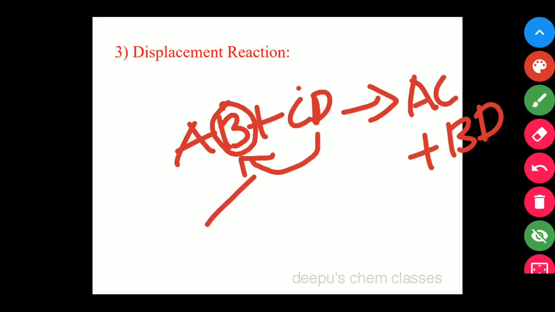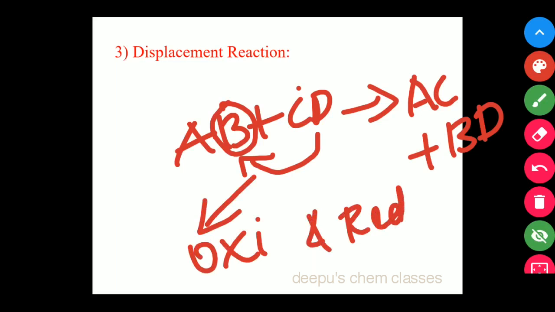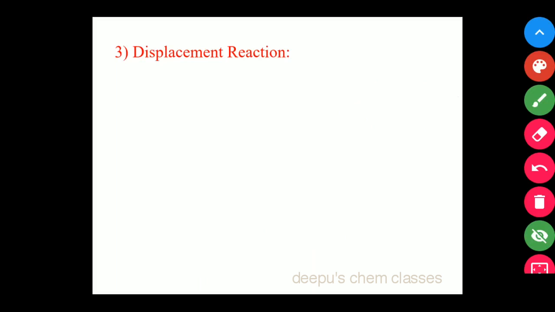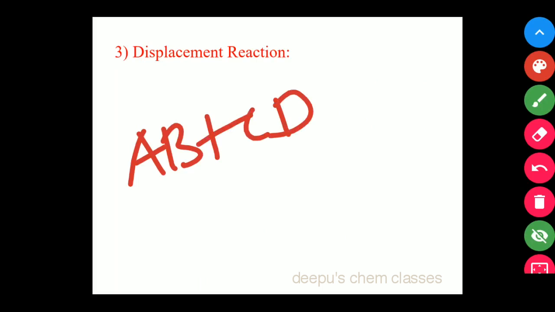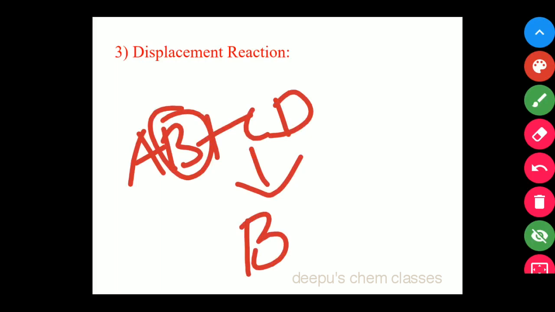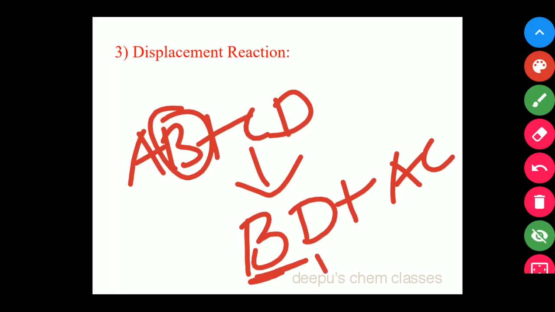But if it involves both oxidation and reduction, then what is it called? Displacement redox reaction. Here we have two types of displacement reaction. If the displaced element is a metal, then the reaction is a metal displacement reaction.